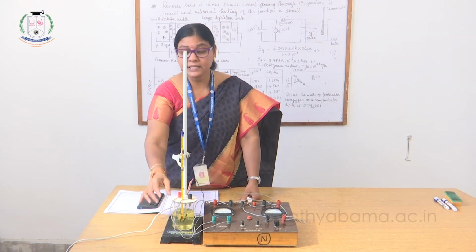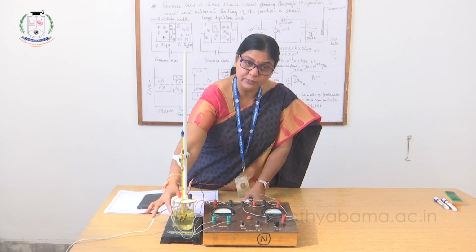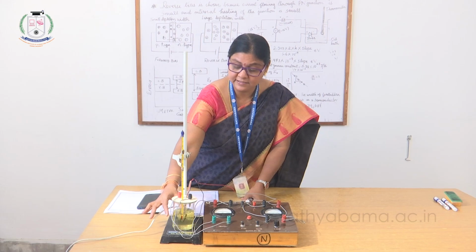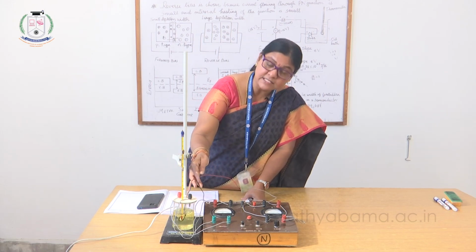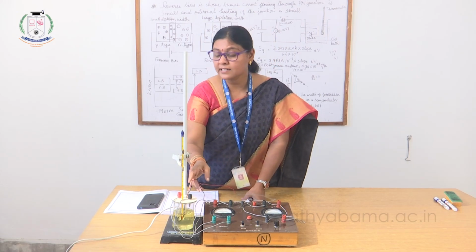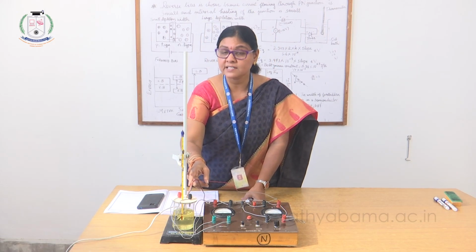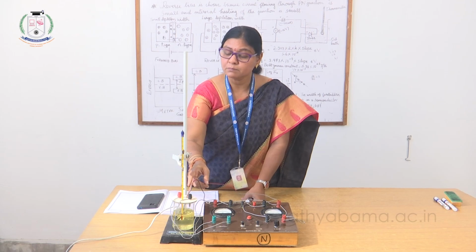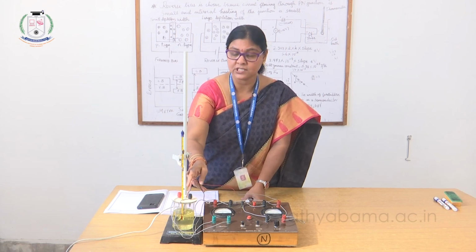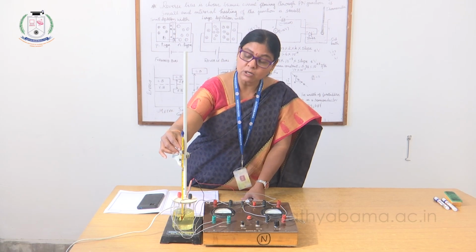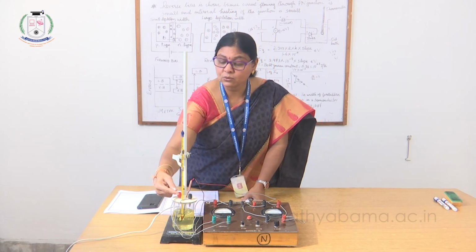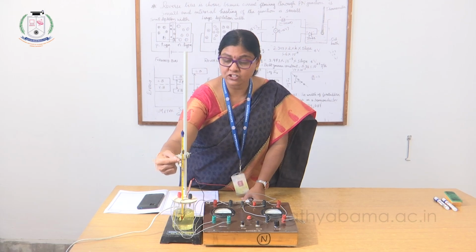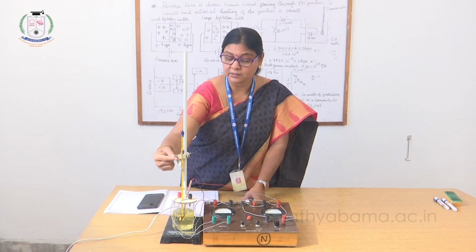You have a beaker that contains the castor oil, and the diode is well immersed inside the liquid, kept inside a plastic capsule to ensure its safety. We also have a holder that holds the thermometer, and we can look at the reading range of the thermometer.